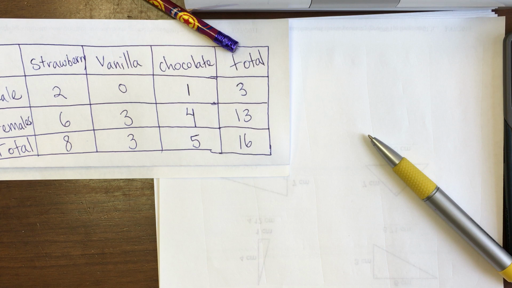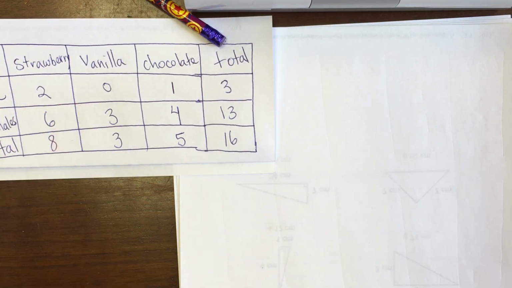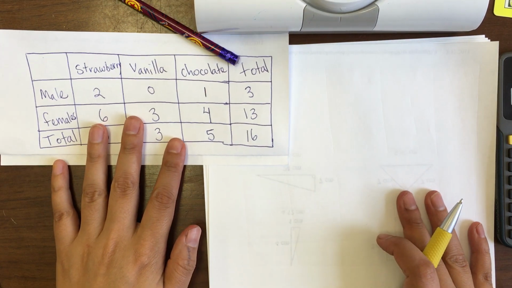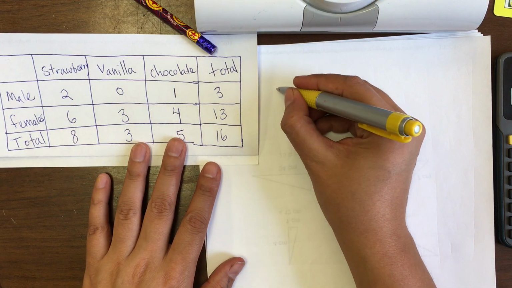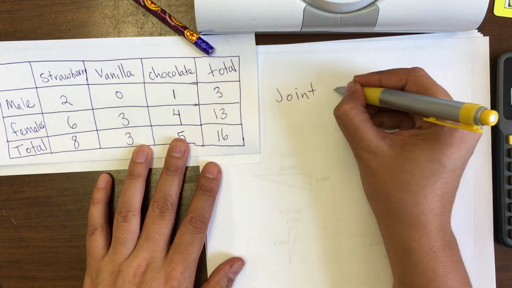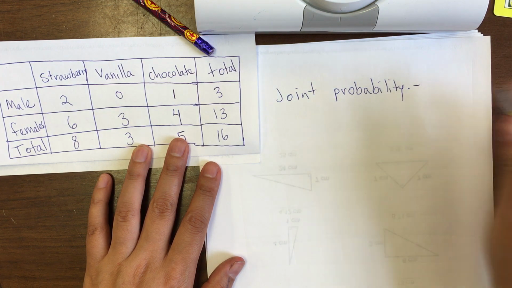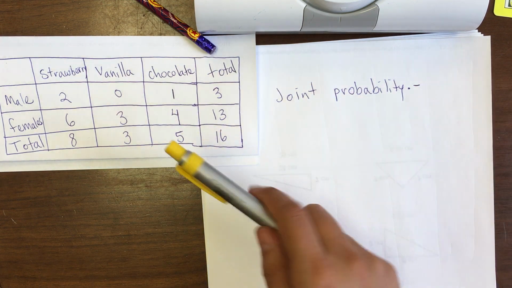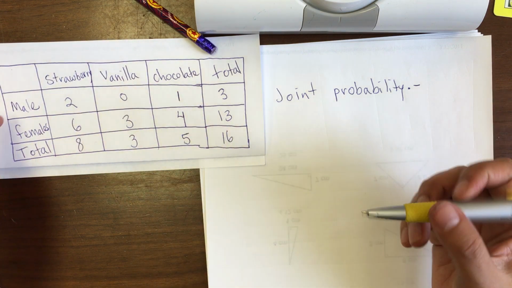I'm going to start showing you the different types of probability and how to find it. Let me focus it a little bit more so that we can see it all. We're going to start with joint probability. Joint probability refers to basically the numbers in the middle. And why is it joint?